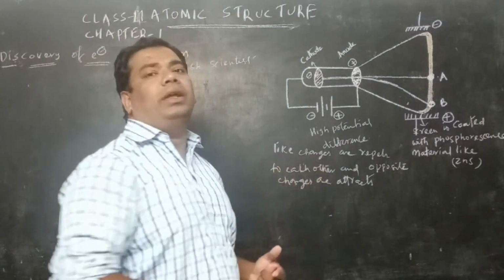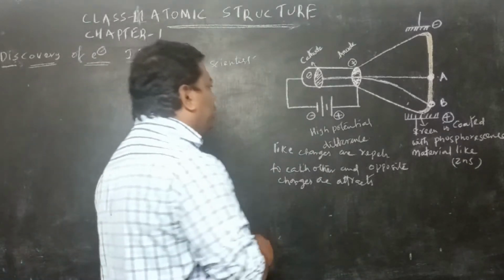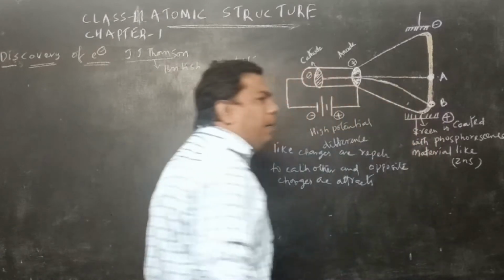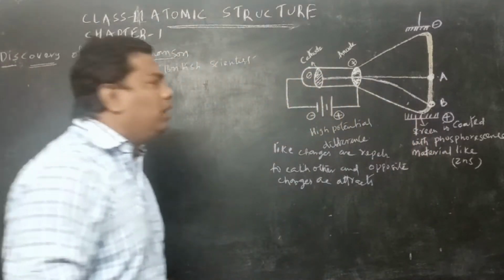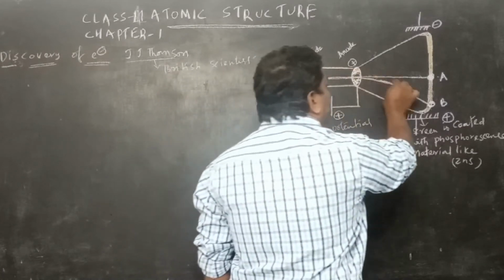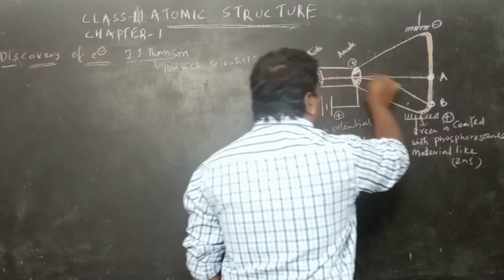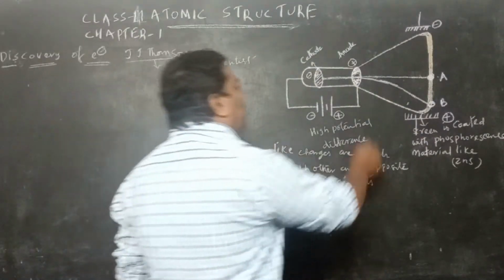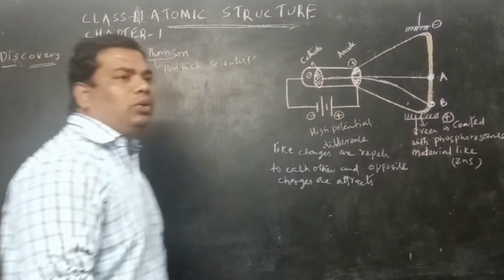He concluded that the cathode rays bend towards the positive terminal because the cathode rays are negatively charged particles. Due to this, these negatively charged particles are attracted towards the positive terminal.